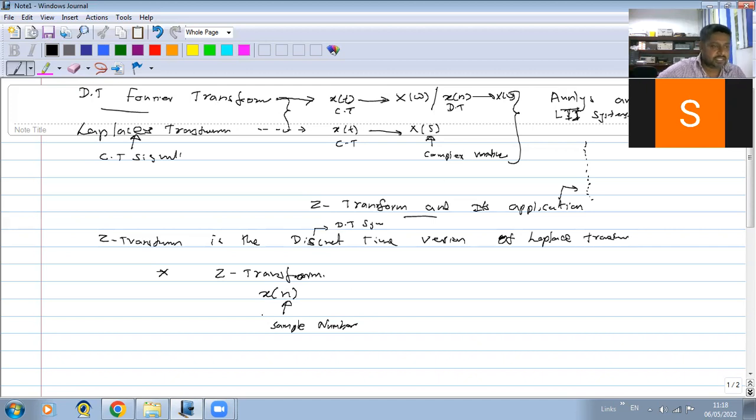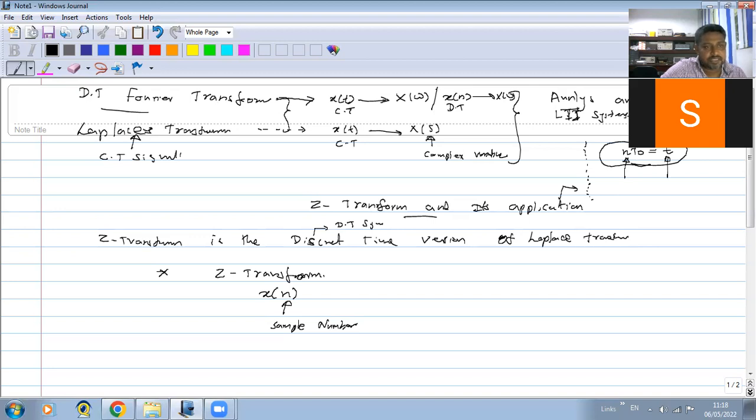Okay, the relationship between this n and the time. It is related with the sampling time. If the sampling time is t naught, n t naught is equal to t. So this is the relationship between the n number of samples and the time.